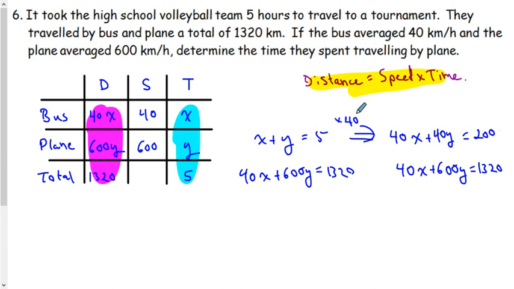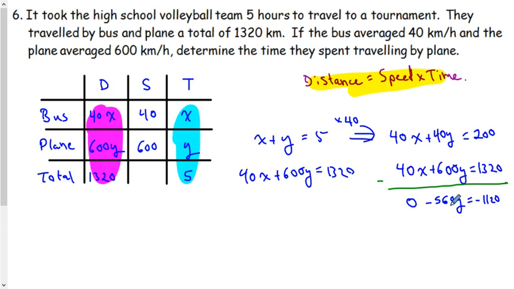Which I know 5 times 4 is 20, times 10 would be 200. Now what do we do with this? Well, if we add them together, we won't get rid of any of our variables, so we have to subtract them. 40x minus 40x, that's 0. 40y minus 600y, negative 560y. And 200 minus 1320 is negative 1120.